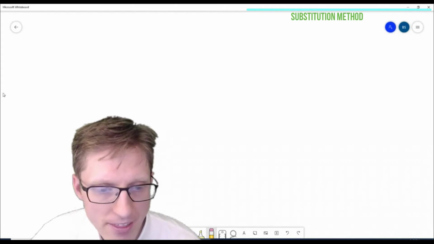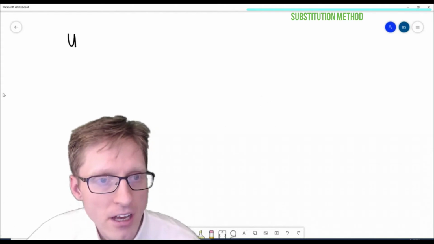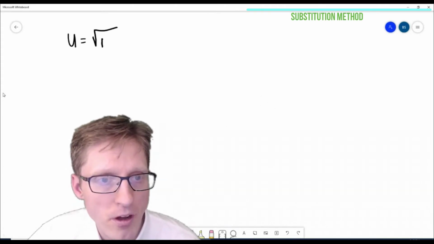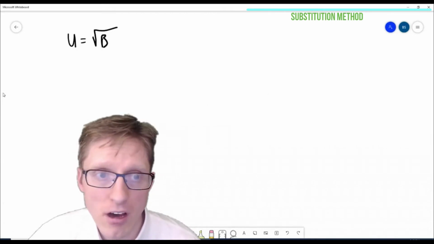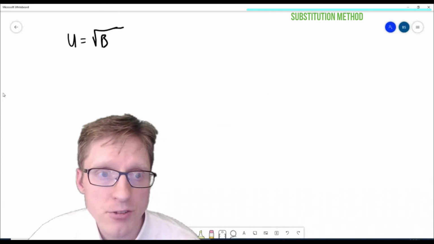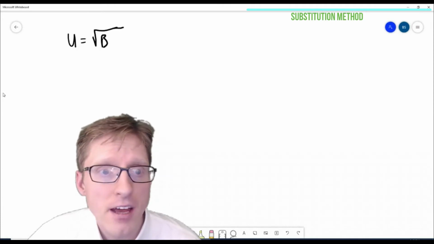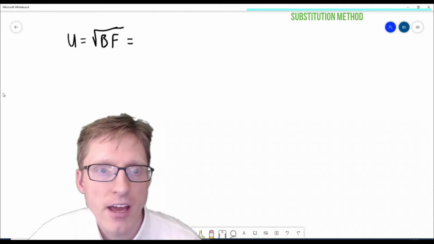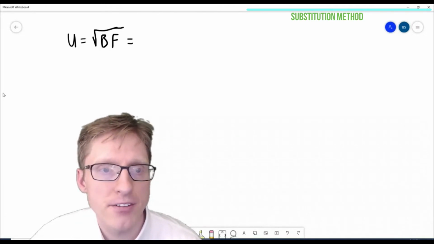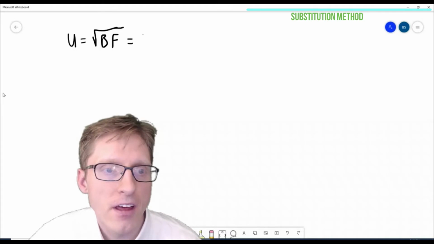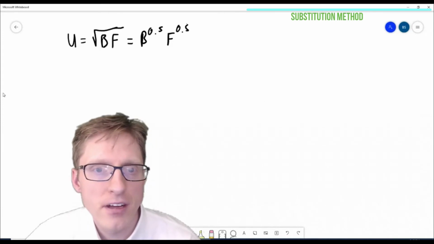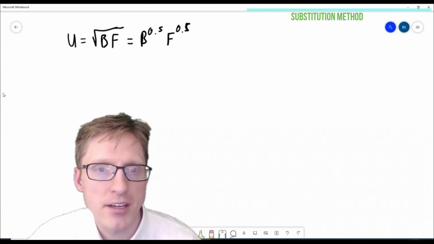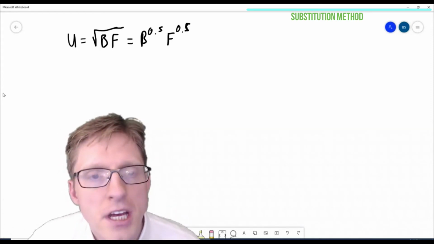And we will say that his utility function is equal to the square root of the amount of Pepto-Bismol that he consumes, which is represented by B, times the amount of fried Mars bars consumed, represented by the letter F. And we can simplify this or sort of rearrange this and say that this is equal to B raised to the power of 0.5 times F raised to the power of 0.5. And this different way of writing it will just make it a little bit easier to solve the problem.